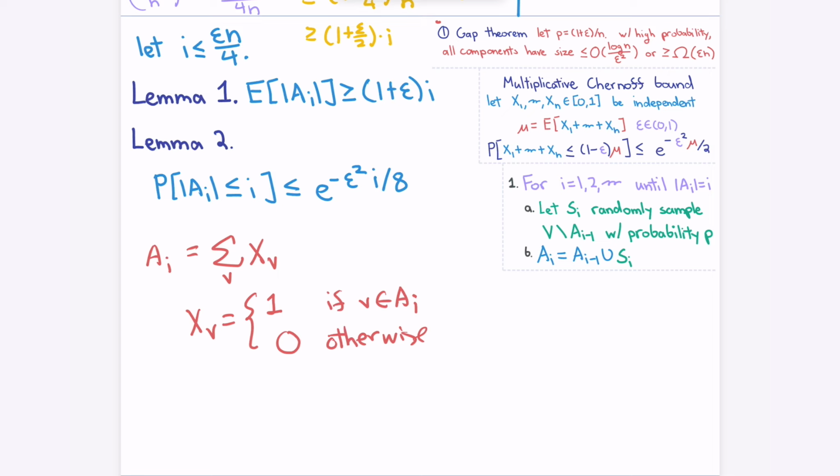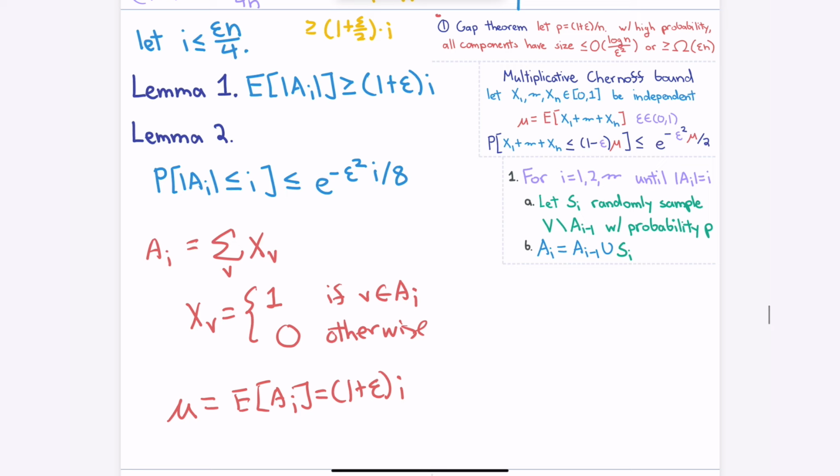One thing very nice: if you had originally thought about the random graphs, the independence gets a little bit awkward to reason about. But now that we've gotten AI to be distributed the same as these coin tosses, these indicator variables are independent. And our mu value, which is the expected value of AI, is 1 plus epsilon times I, or maybe 1 plus epsilon.